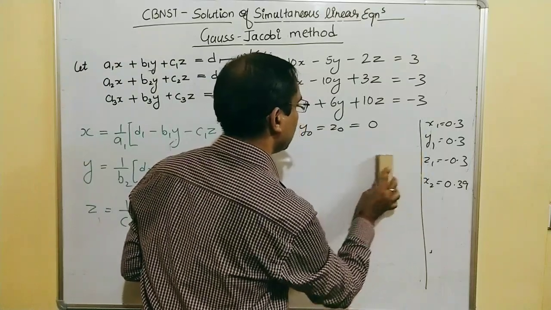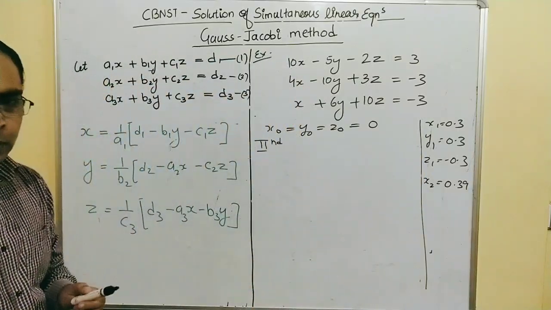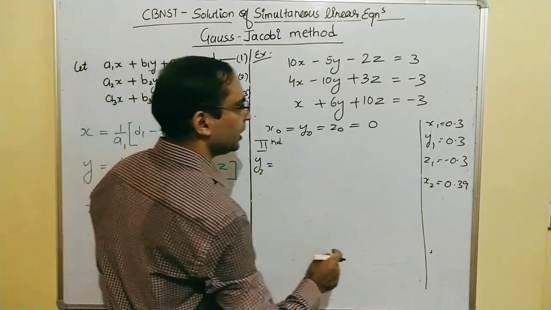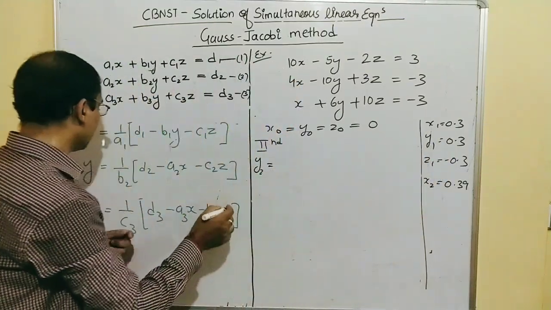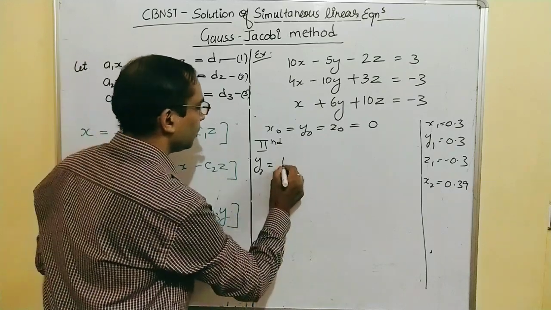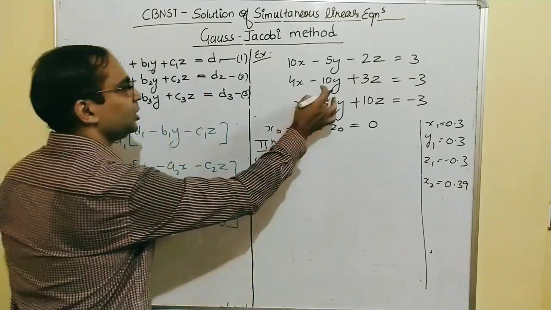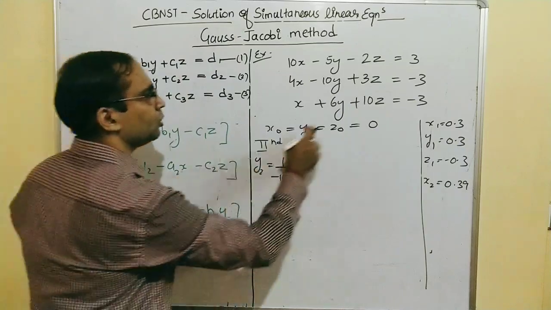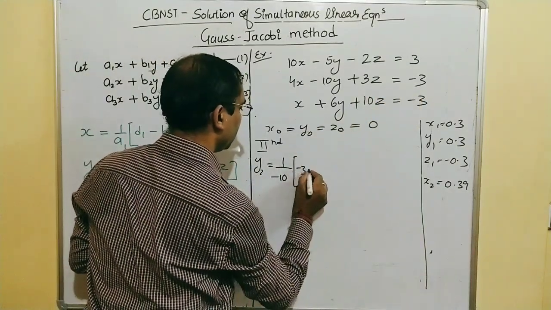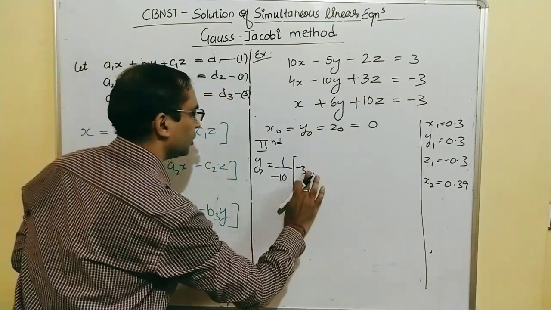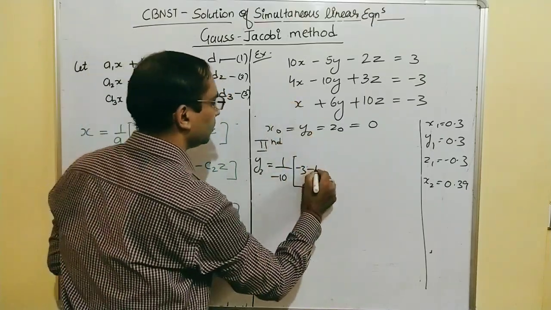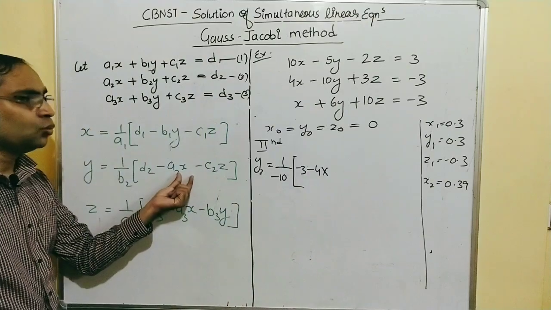So let me calculate the value of y2. To calculate the value of y2, we will be using the values of x1 and z1. So what is y2? y2 is 1 upon b2. What is b2? Minus 10. In the bracket, this is d2. What is d2? Minus of 3. Then this is minus a2. What is a2? 4 cross x1.